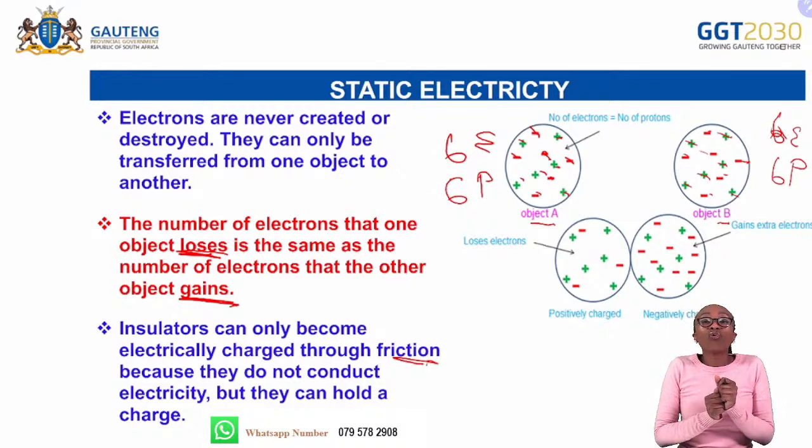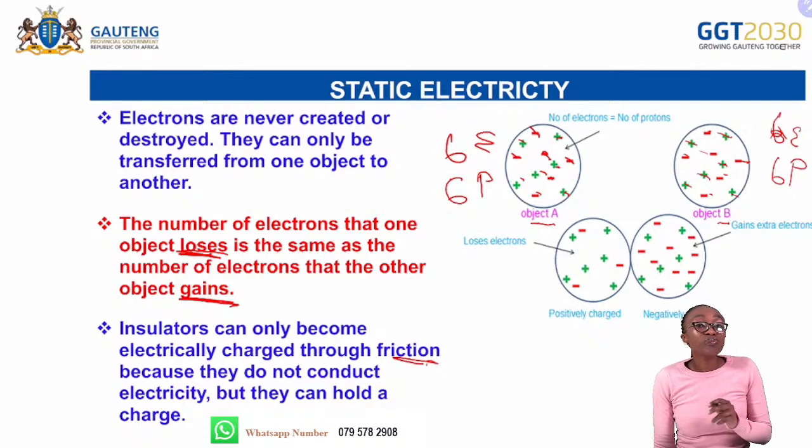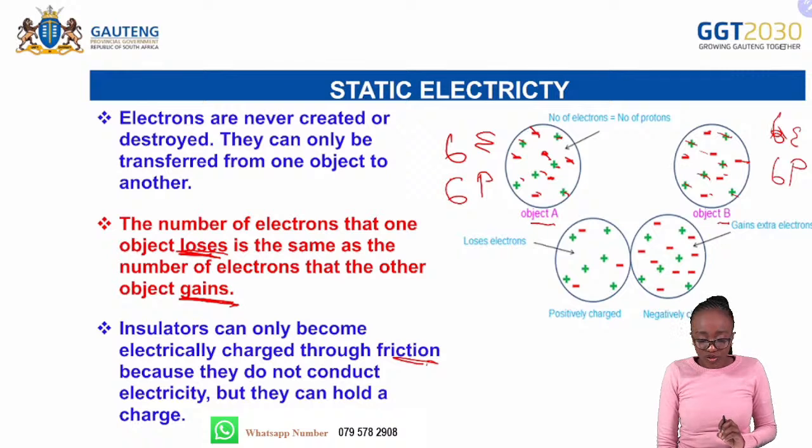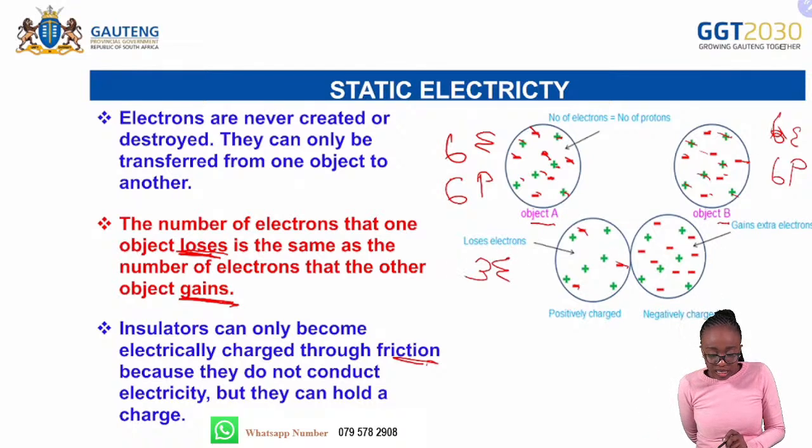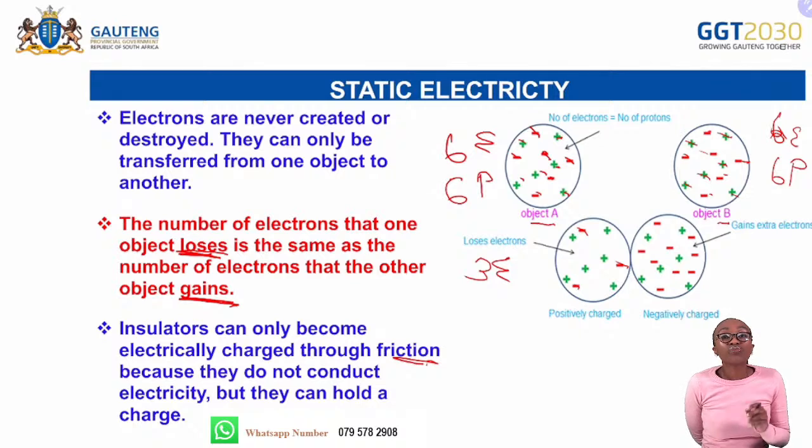If, however, we happen to rub object A and object B together, and we have a bit of friction between the two, then there's going to be some transference of electrons. So let's find out which object loses electrons. Now we've got 3 electrons for object A, which means object A has lost electrons.